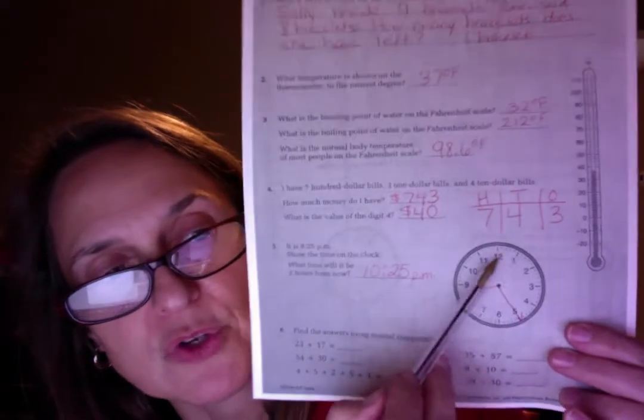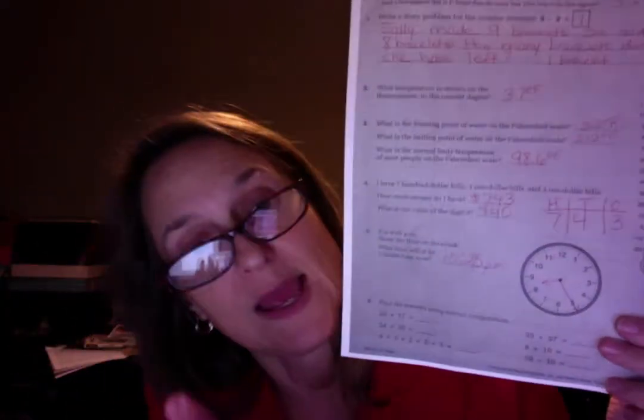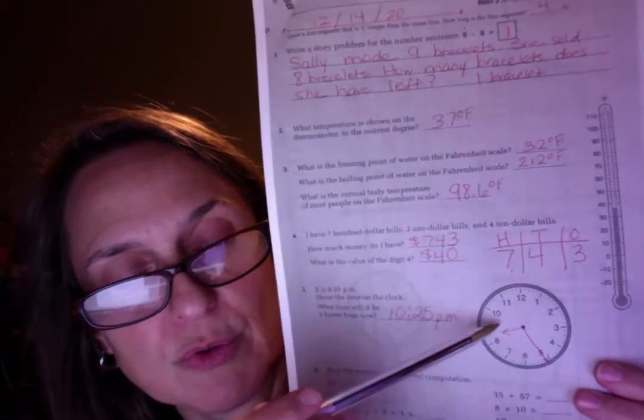Anytime you cross over the 12, it's going to change from PM to AM or AM to PM. I didn't cross over when I just went up 2 hours, 9 to 10:25, and if it was 8:25 p.m. to begin with, it's still in the p.m. It would be 10:25 p.m.